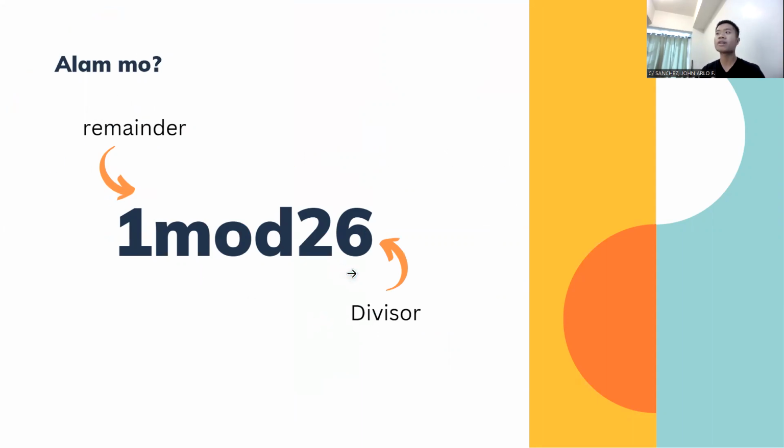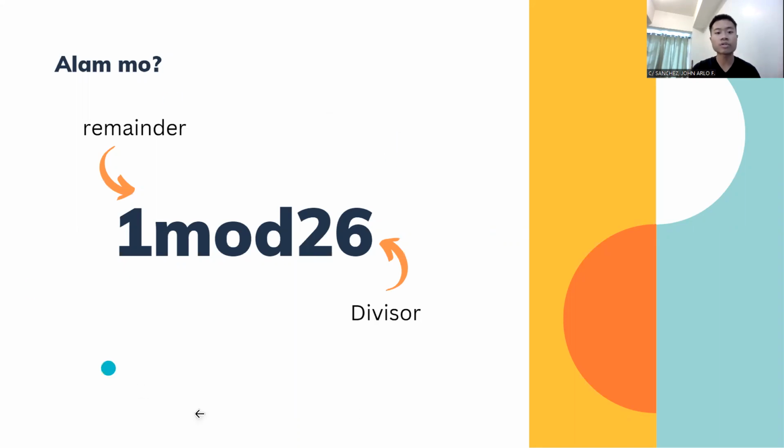So let's say we have the number 27. When we divide 27 by 26, we get an answer of 1 with a remainder of 1. Remainder is just the number left over after we divide it by the divisor. So let's say we have 53. 53 divided by 26 is 2, and we get a remainder of 1.